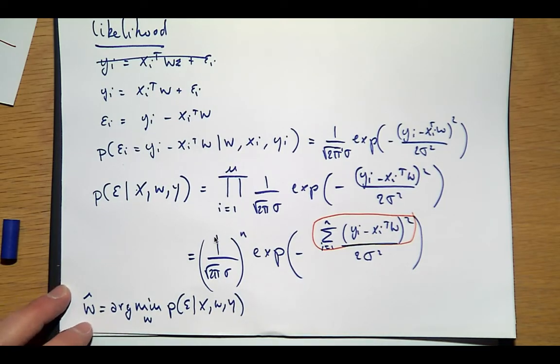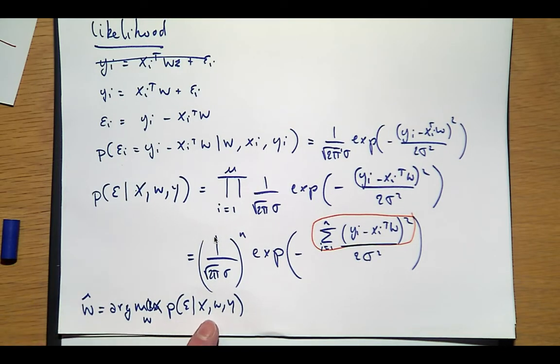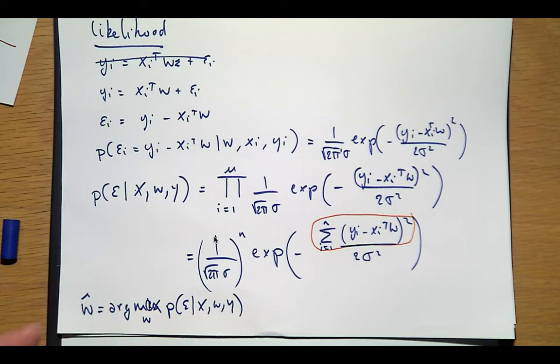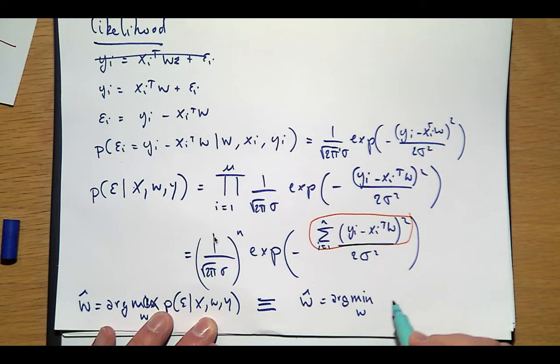Okay, so you're trying to find W that maximizes the likelihood, so the most likely W, if you want, actually is equivalent to taking W hat, which is the minimum of this square.